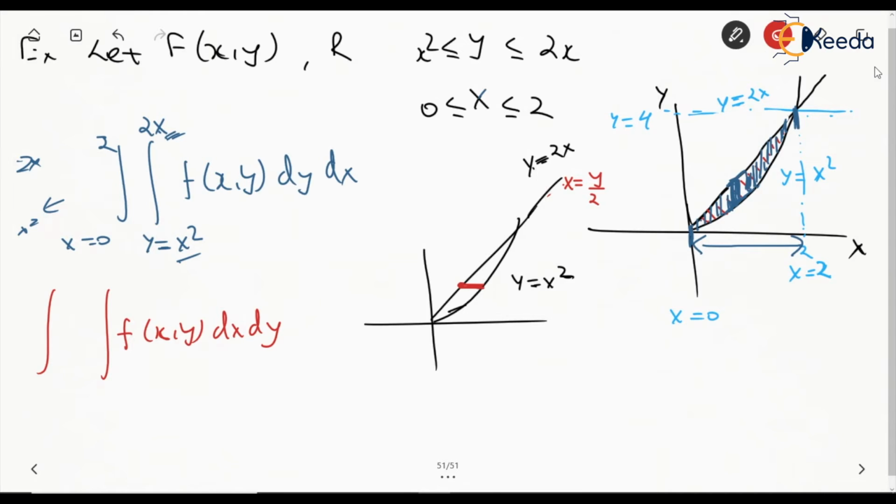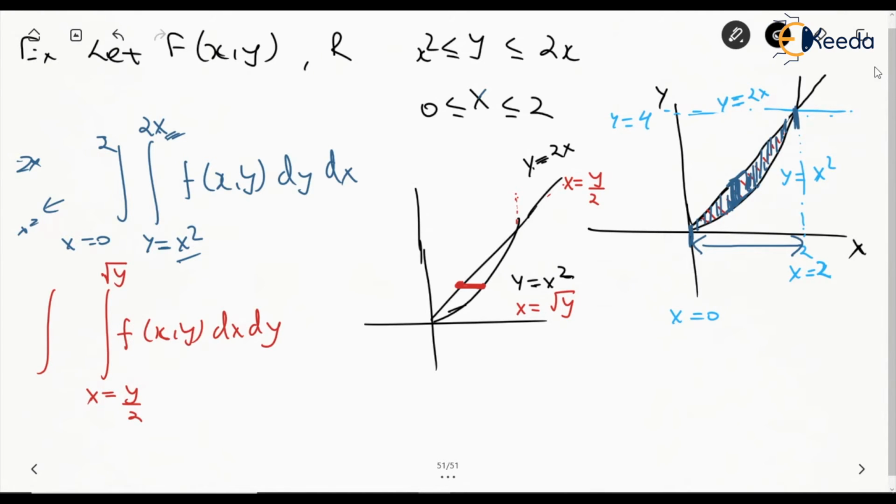And secondly, this curve where we were writing y is equal to x square, we can write x is equal to under root of y. So the initial point lies on this line, which is x is equal to y by 2, and the final point lies on this curve, x is equal to under root of y.